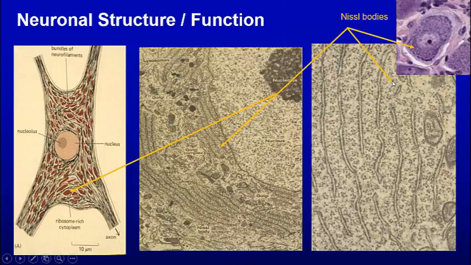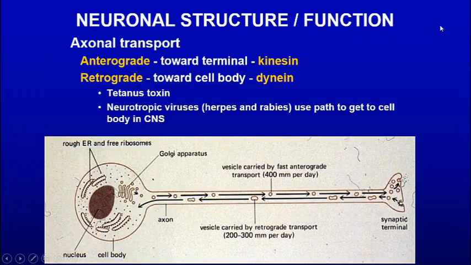Also, if we look at electron microscopy, you can see it's really polyribosomes. Some of the polyribosomes could be free, or some of them could be on the rough endoplasmic reticulum. But basically, that's what we're seeing there when we see the ribosome-rich areas, which look granular, the Nissl bodies or Nissl substance that we see.